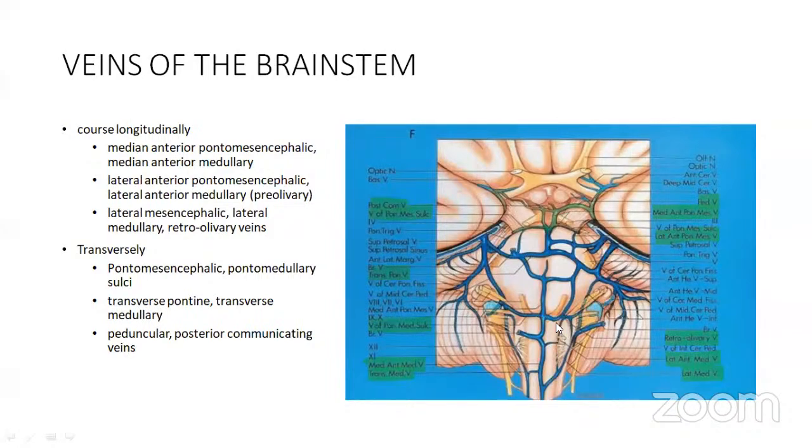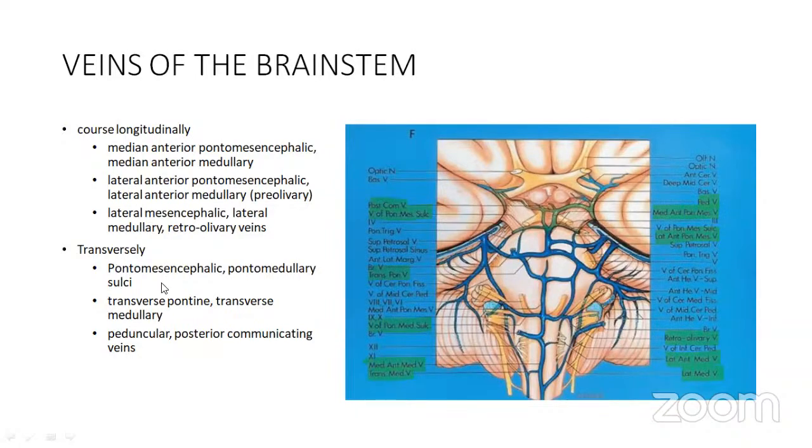There is also the lateral anterior pontomesencephalic vein on the anterolateral surface of the mesencephalon and the pons, and the lateral anterior medullary vein, which is also known as the preolivary vein, as it travels in front of the olivary nucleus. And there's the lateral mesencephalic vein, the lateral medullary vein and the retro-olivary veins.